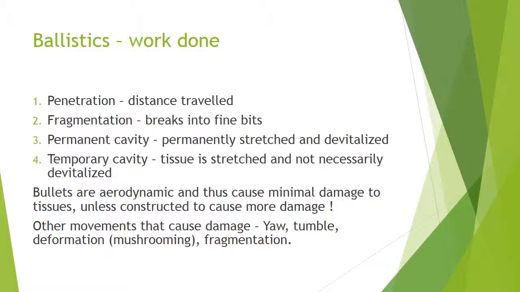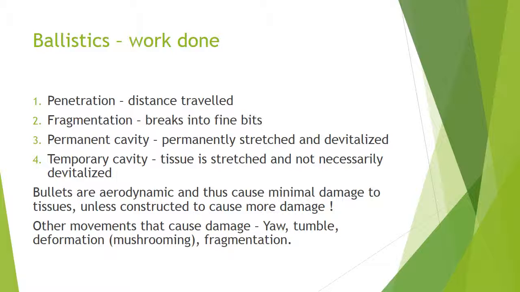Now, we are not necessarily discussing only bullets. The same phenomenon can even occur with other particles. Bullets are designed to be aerodynamic so that they travel faster, but they cause minimal damage to the tissues unless they are constructed to cause more damage.